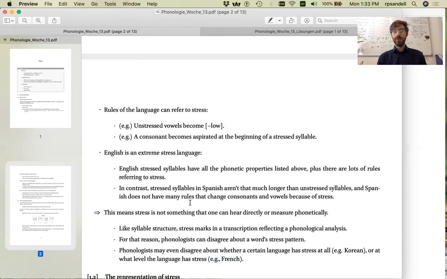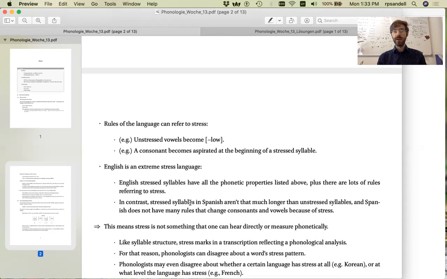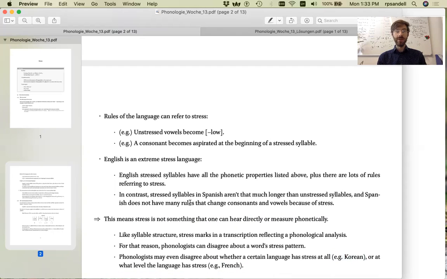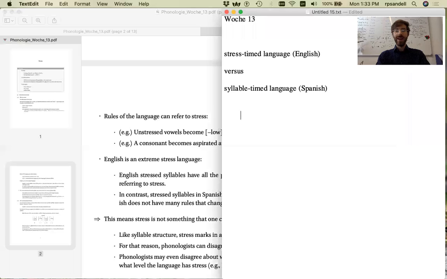There are debates as to whether stress is assigned at the level of the word, or in fact at the level of the phonological phrase. It's clear that whether stress in French belongs at the word level or the phrase level, it goes at the right edge. But the question there is whether the stress rule in French applies at this boundary, that is the word boundary, or does it apply at the phrase boundary, which would itself coincide with a word boundary.